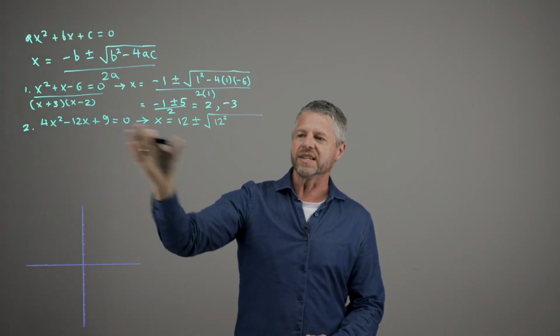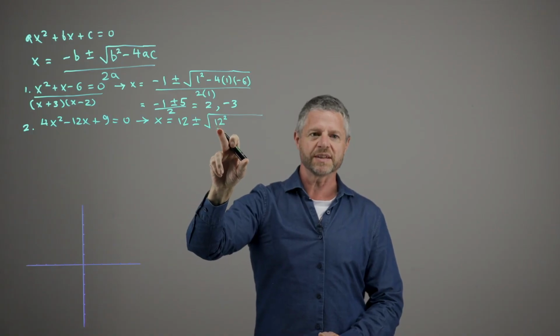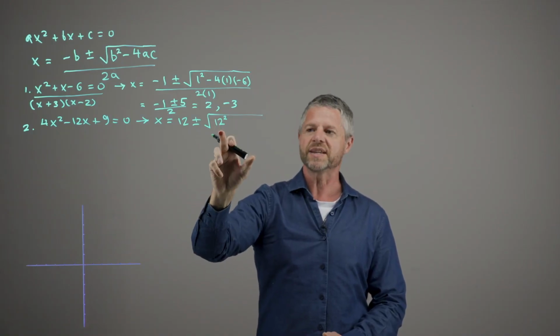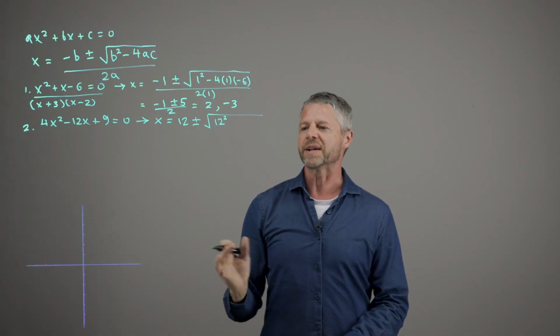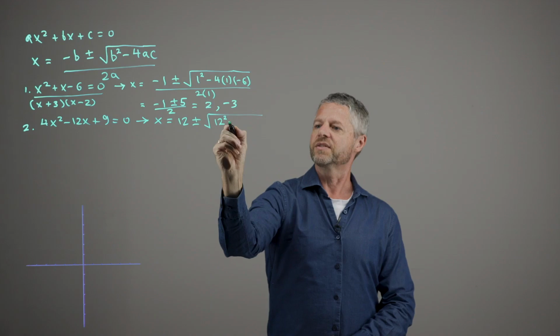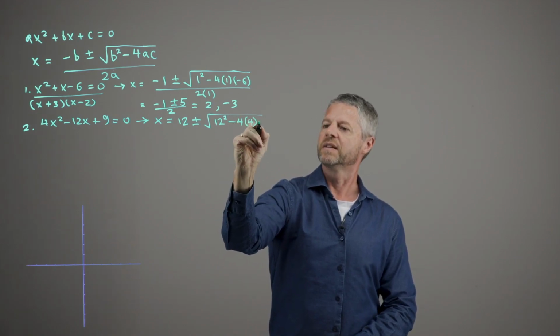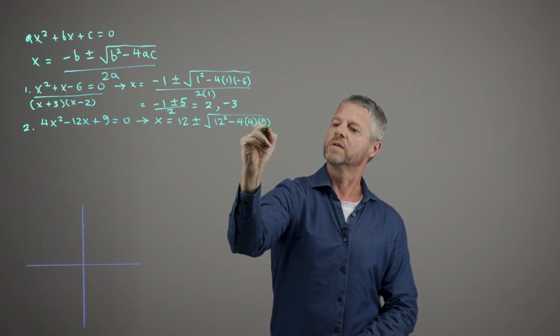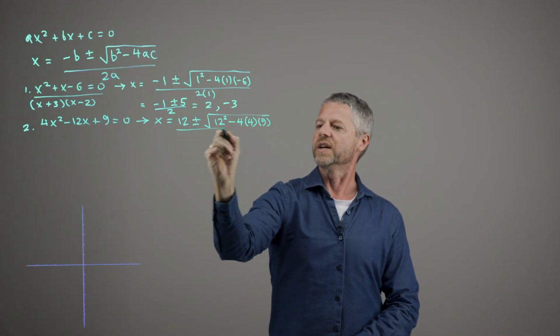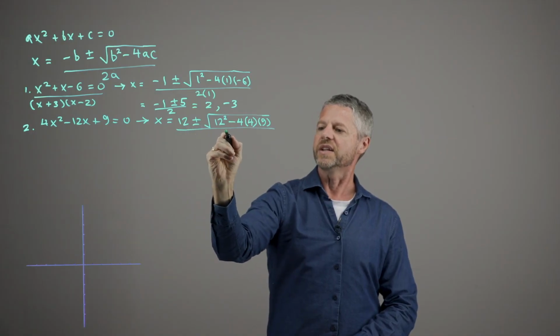The fact that it's negative doesn't really matter when you're squaring it, so to save a little bit of writing, I'm just going to write 12 squared instead of minus 12 squared. It amounts to the same thing. Minus 4ac. And then the whole thing divided by 2a, which is 8.